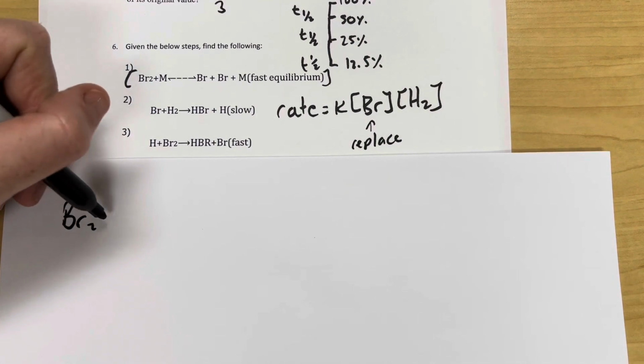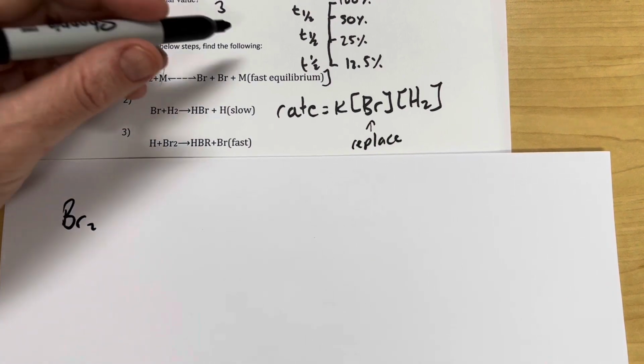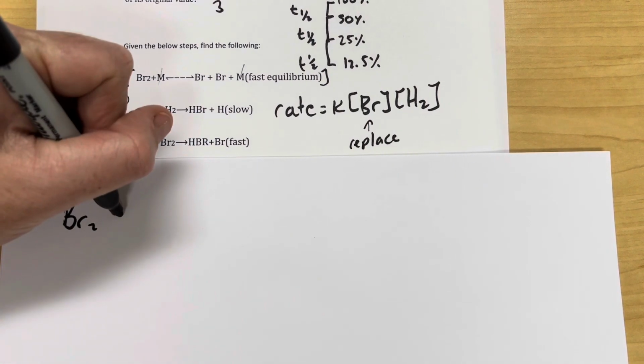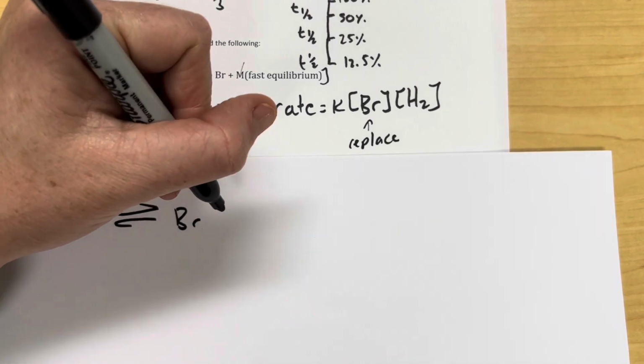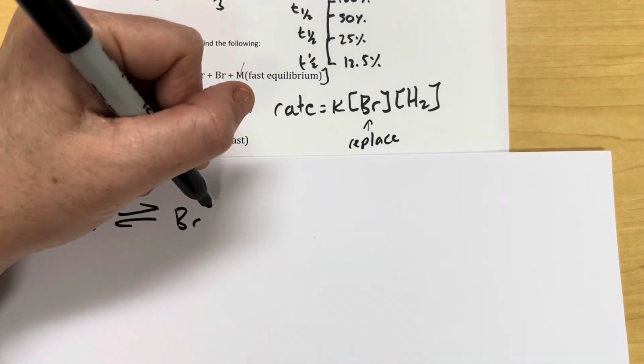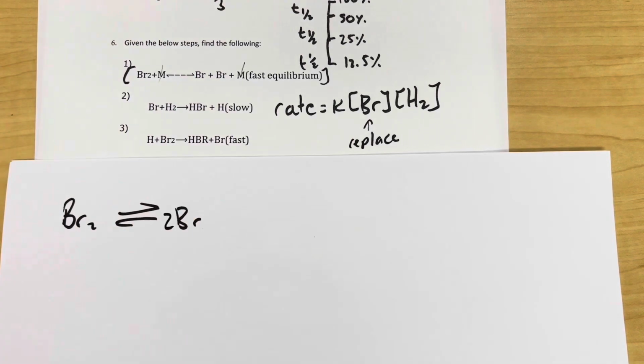This is Br2. I'm going to ignore the M because they're going to cancel out on both sides. Br2 is in equilibrium with a Br plus a Br, which we would just normally write 2Br.